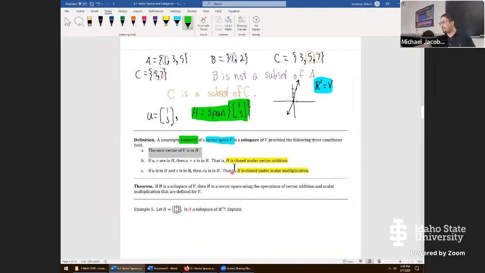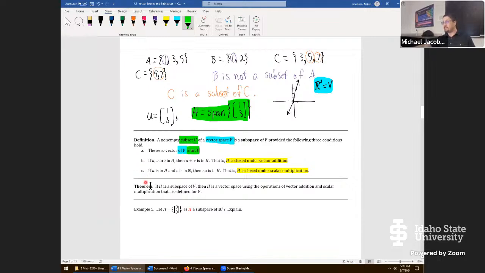So if the 0 vector of that vector space V is in H, then it's automatically a non-empty subset. It's got something, at least, a 0 vector. Say, for example, that one right there is non-empty. It does contain a 0 vector. The next operations are closure properties, the same exact closure properties of having an honest vector space like V.